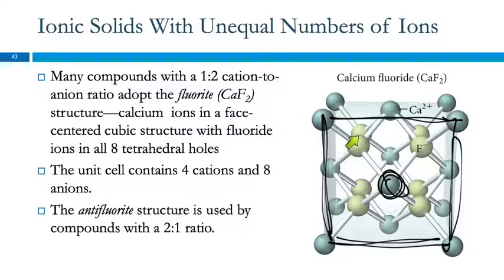But now these lighter green ones are occupying all 8 of the tetrahedral holes that are present. That's because we have a 1-to-2 cation to anion ratio. We have 2 fluorides for every calcium, so we have to have twice as many fluoride ions as we have calcium ions. The opposite of this is called the antifluorite structure, where you have 2 cations for every 1 anion.